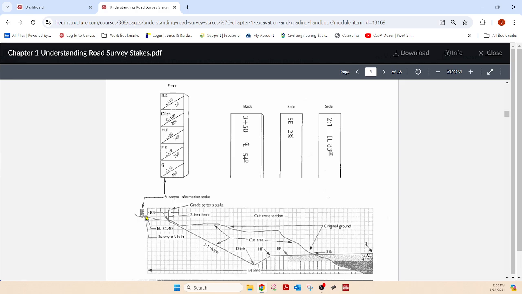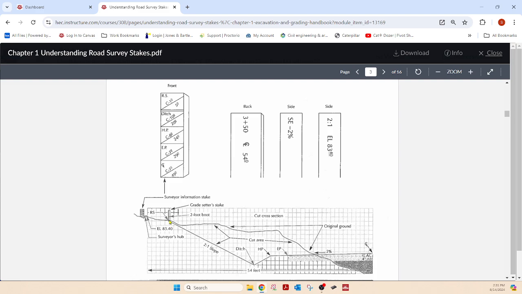And when we can see that, we put a mark. And then we know that mark is this elevation, which is 83.4, right?